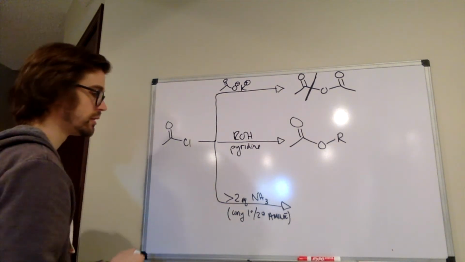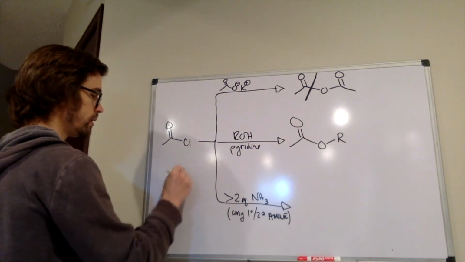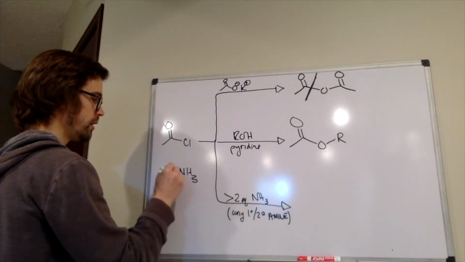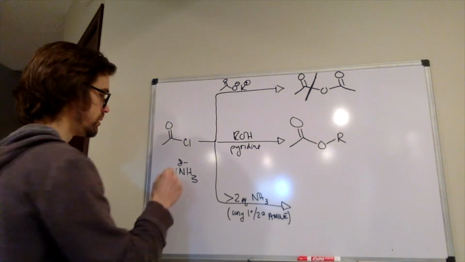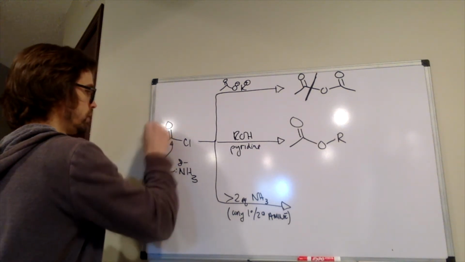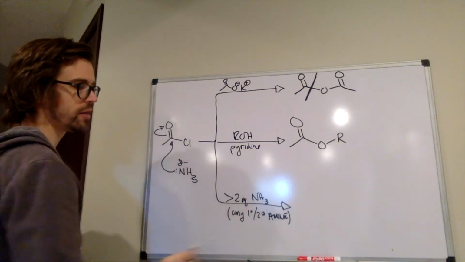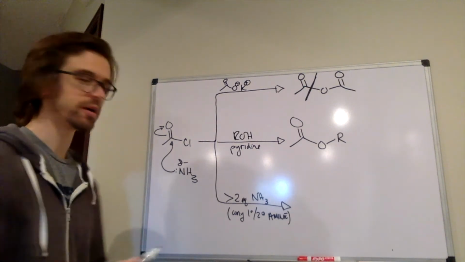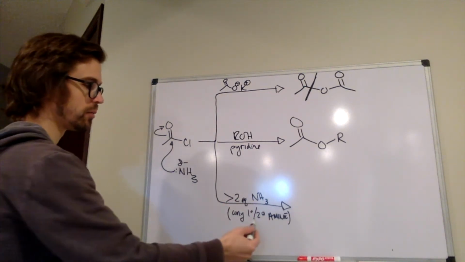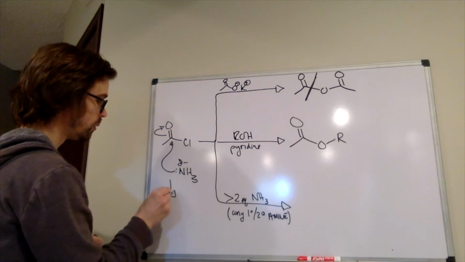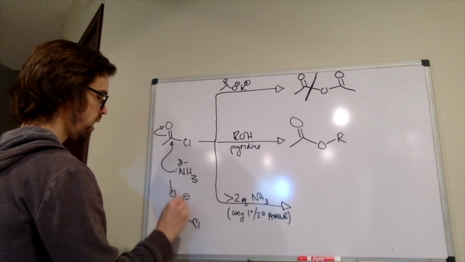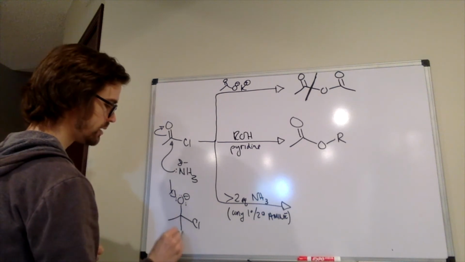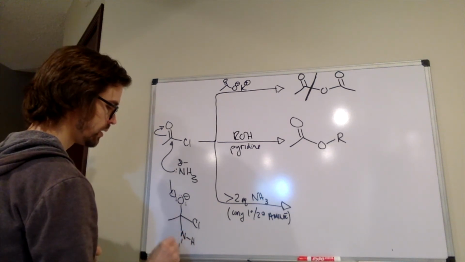What about amines? If we have an amine, again, the nitrogen is partially negative. That's going to be attracted to the carbonyl carbon. And why do we say greater than 2 equivalents of ammonia here, or greater than 2 equivalents of our primary or secondary amine? Well, this first step is going to generate that tetrahedral intermediate.